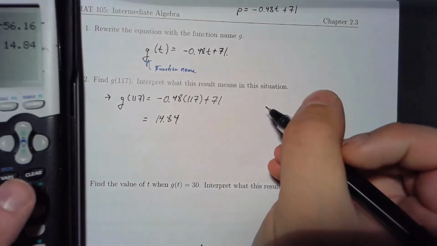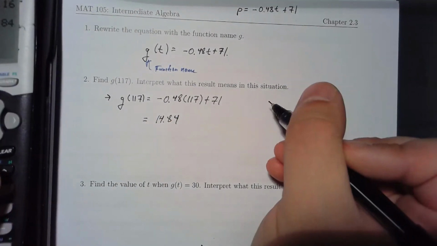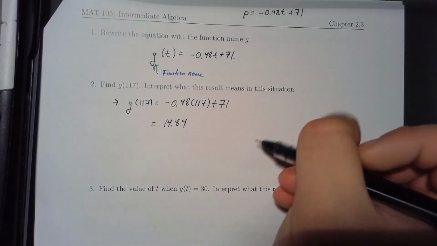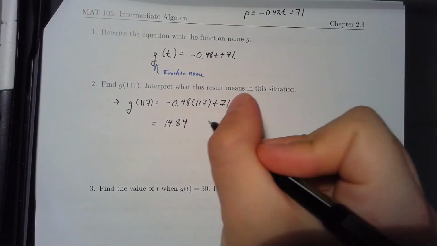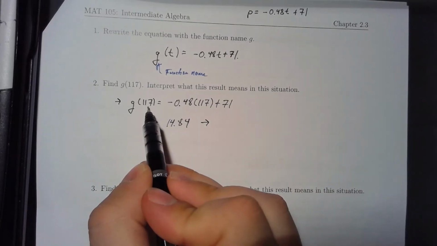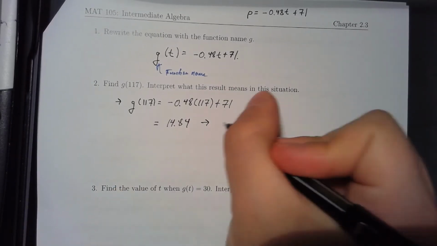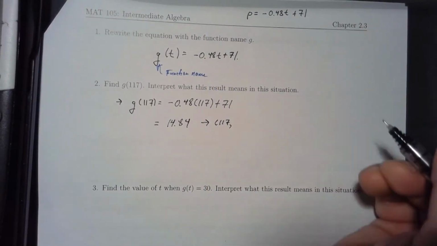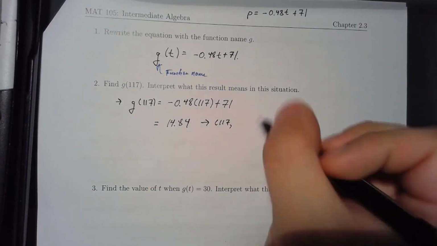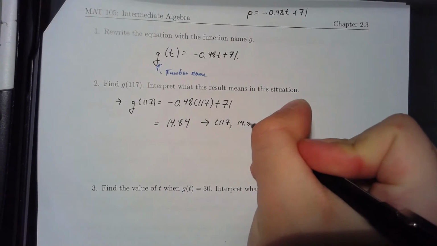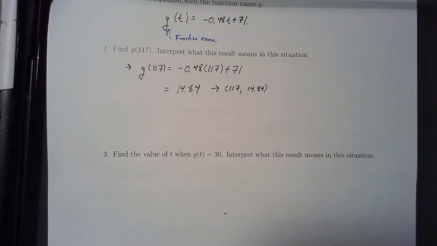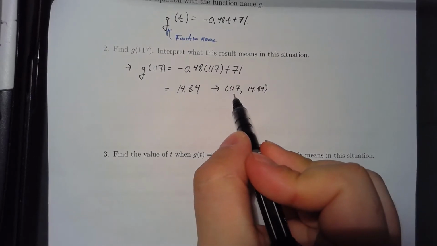Okay, so I want to interpret what this result means in this situation. If I wanted to write this as an ordered pair, how would I write it? This means that my input was 117, so that's my x value, well in this case t, and my y value is my output, which is 14.84. Now, this is the independent value, this is the dependent value. What is independent?